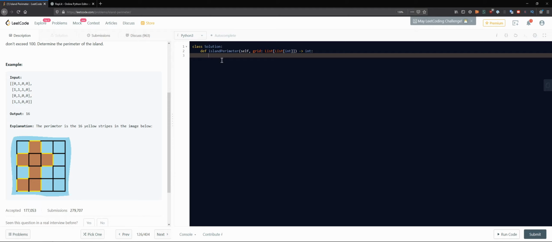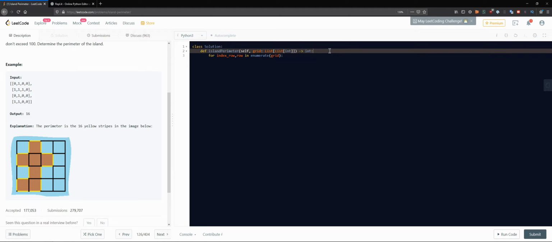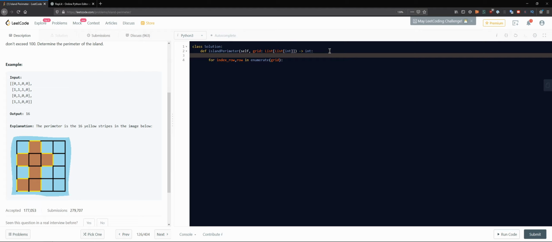So what they did was what I also kind of do. We will go for a row, actually I'll also do index, row in enumerate grid, and you will see what I mean. Here we will have our map.